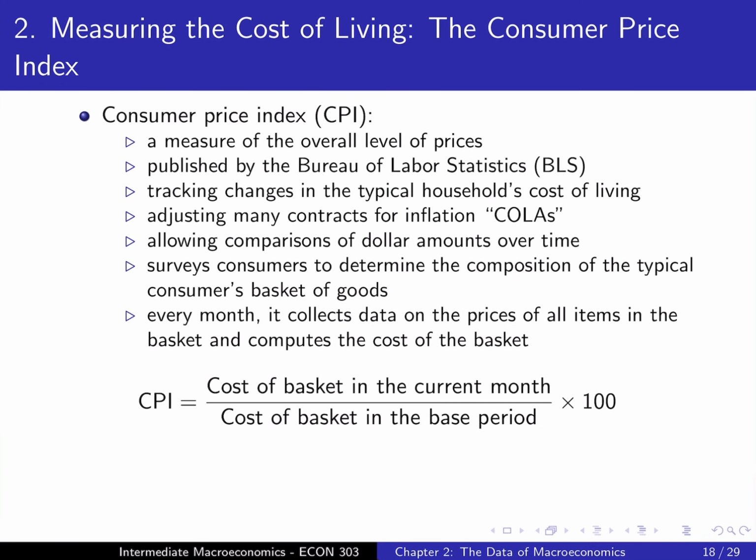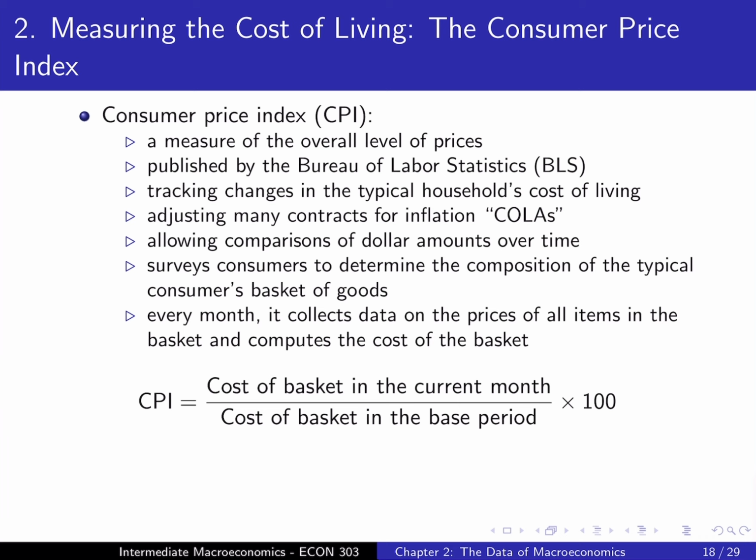Let's now turn to how we measure the cost of living using the Consumer Price Index, CPI. CPI measures the overall level of prices in the economy. Published by the Bureau of Labor Statistics, BLS, it tracks changes in the typical household's cost of living. It is used to adjust contracts and benefits through cost of living adjustments, COLAs, and allows comparisons of dollar values over time by adjusting for inflation, based on surveys that identify the typical basket of goods and services purchased by consumers.